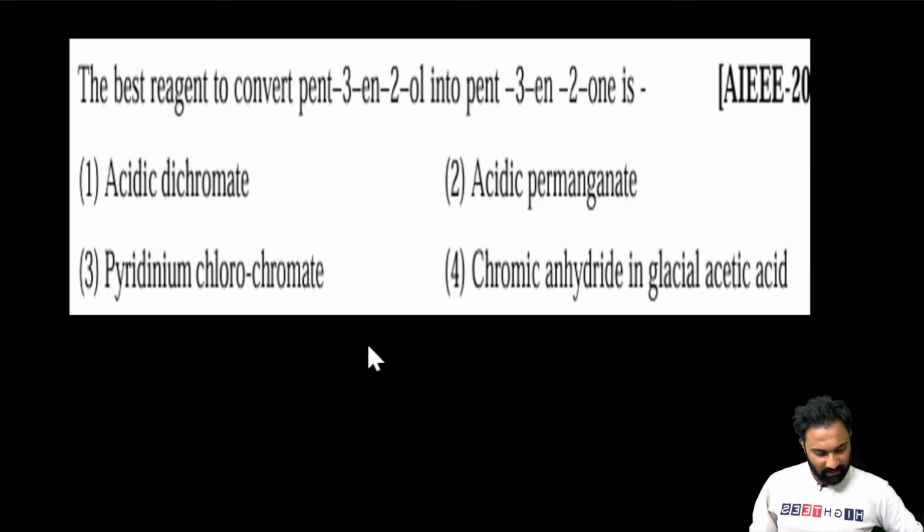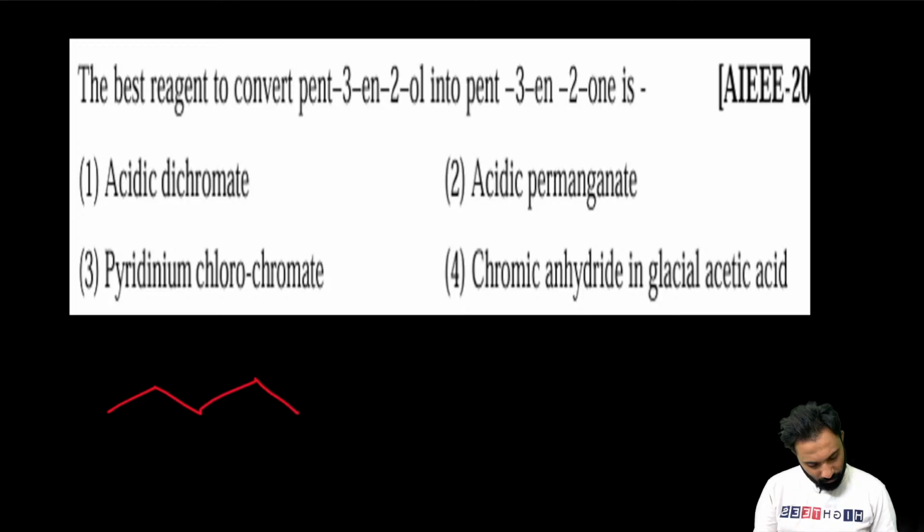Answer, you are saying it is pyridinium chlorochromate. This is 1, 2, 3, 4, 5, and this is a double bond. Pent-3-en-2-ol, sorry. This is pent-3-en-2-ol.